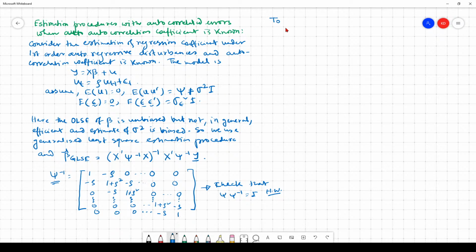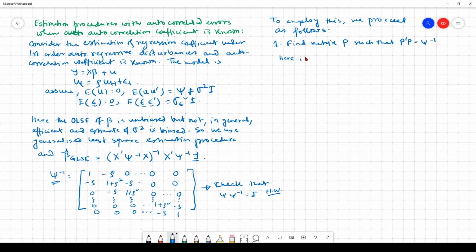We proceed as follows. Find a matrix P such that P prime P equals xi inverse.